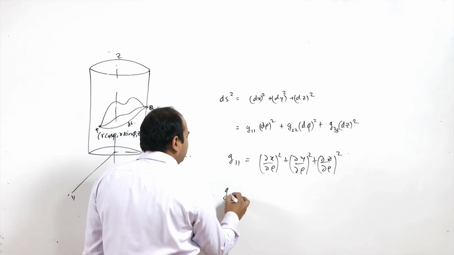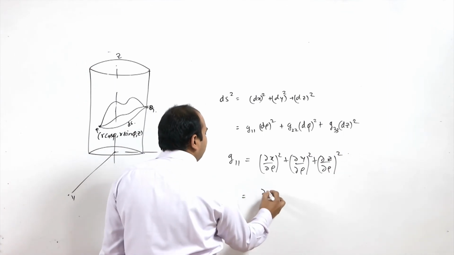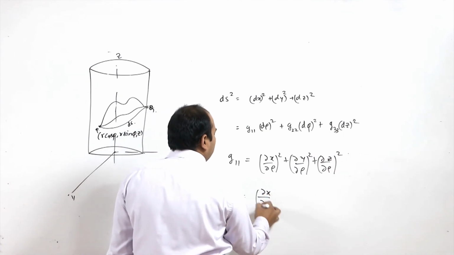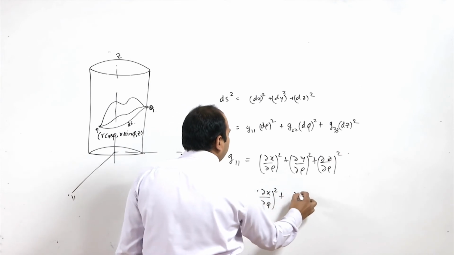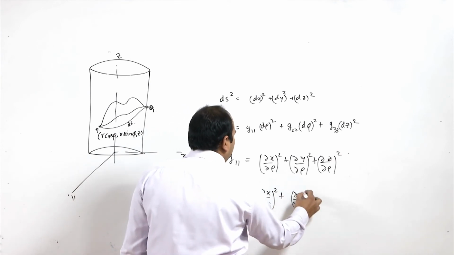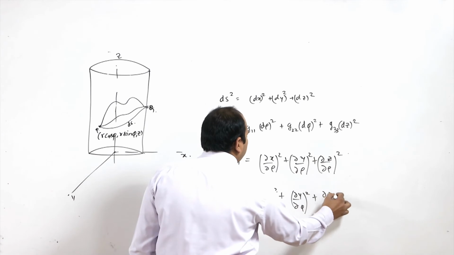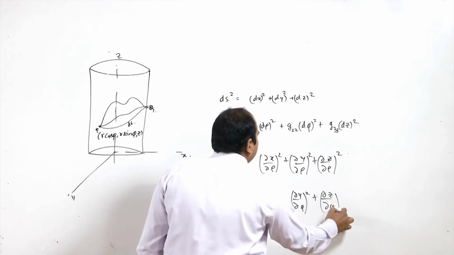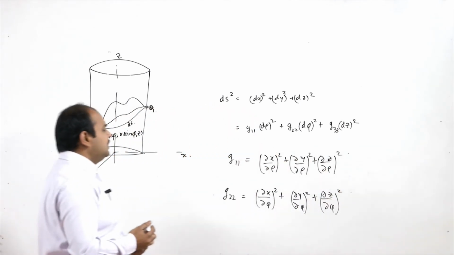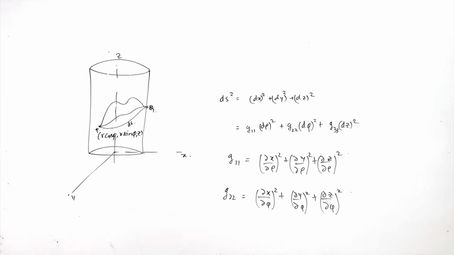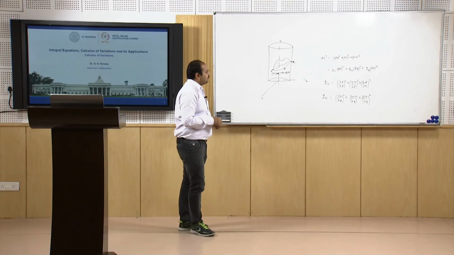Similarly, you can write g22 as del x by del phi whole square plus del y by del phi whole square plus del z by del phi whole square. With the help of this, you can easily find ds square.